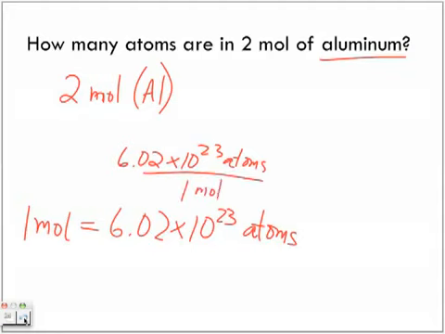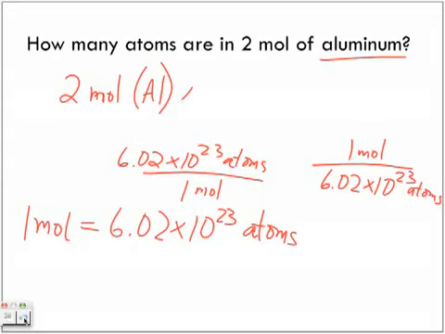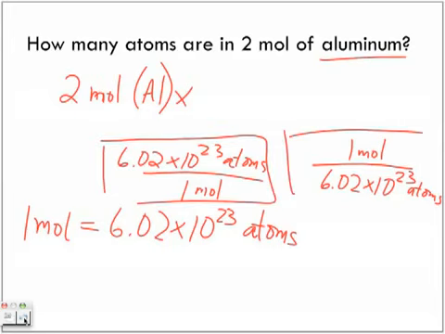Or we can look at it as 1 mole has 6.02 times 10 to the power of 23 atoms. So we can look at it as one of these 2 ways. Now, if we start off with this, which one of these 2, and they're both the same, they're just inverted, which one can I use?